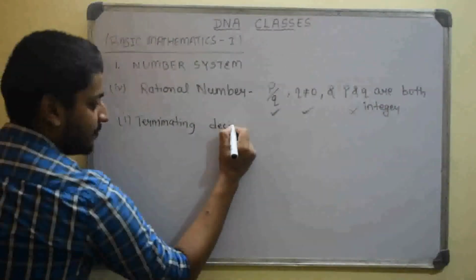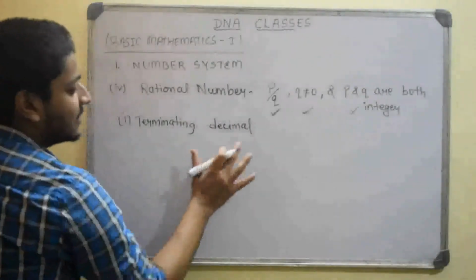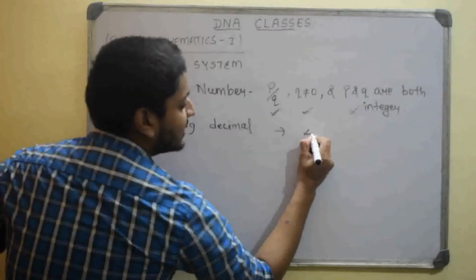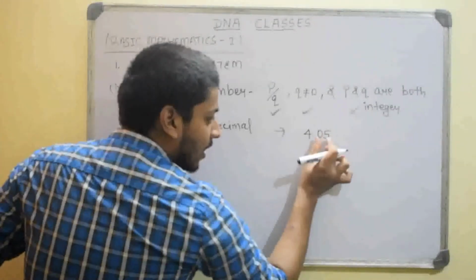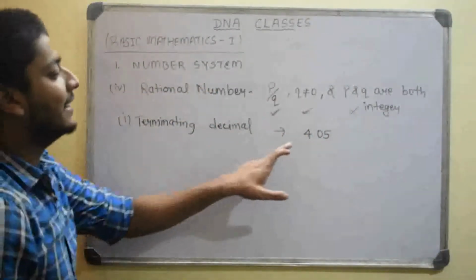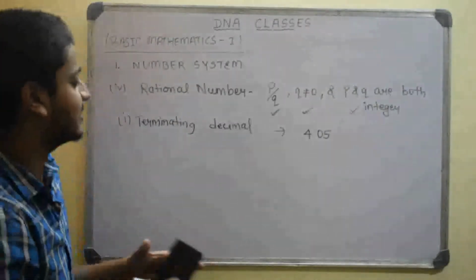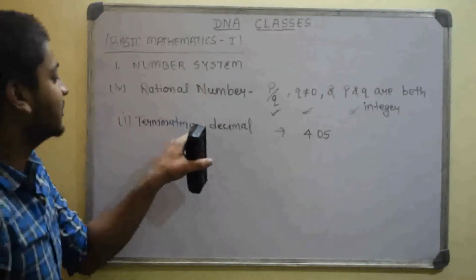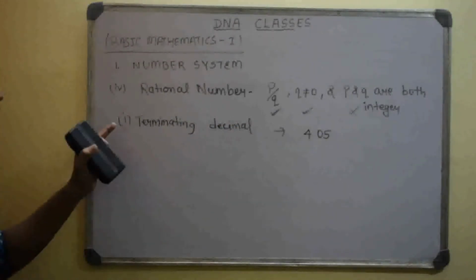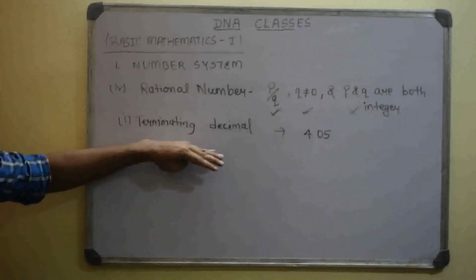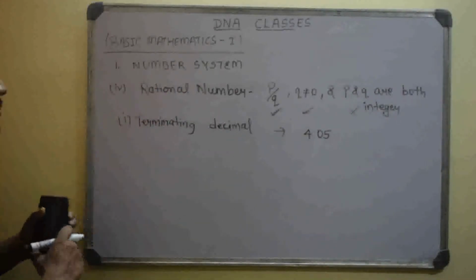Terminating decimal means, for example, 4.05, which terminates after two places of decimal, so it is called a terminating decimal. All terminating decimals are rational numbers.